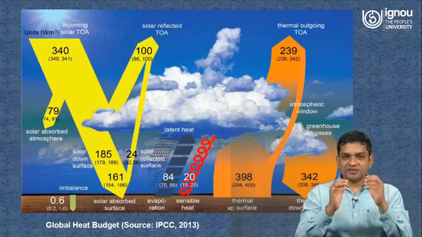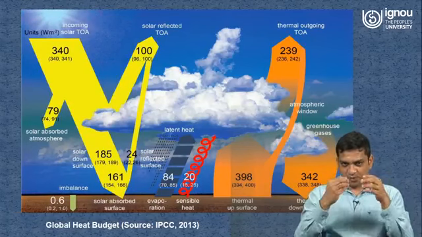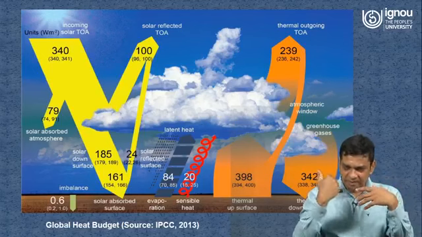Now let us go for an in-depth analysis of what exactly drives the climate system. When you look at the driving mechanism, the main source of the energy the Earth surface is getting is solar energy. Almost 99% of the energy the Earth surface receives is from solar energy.